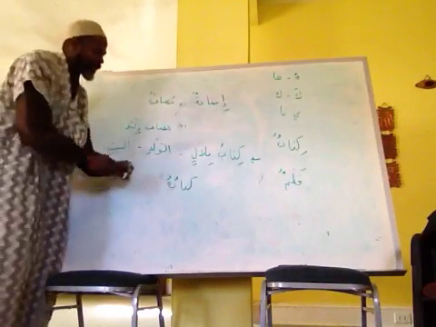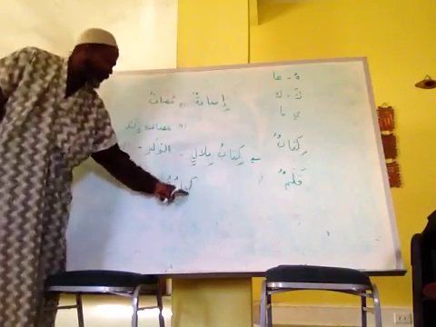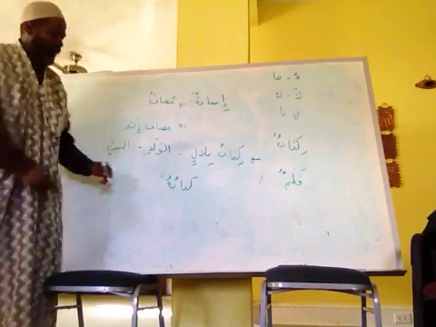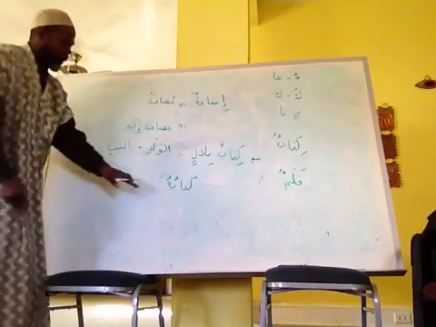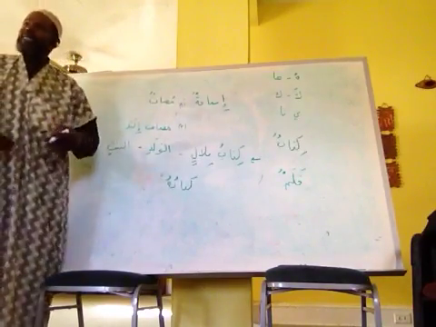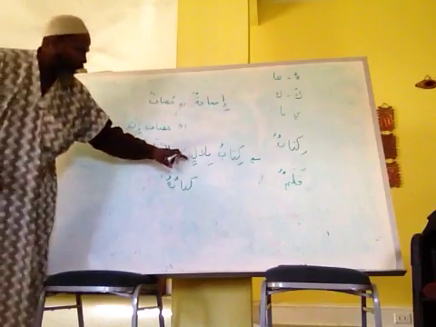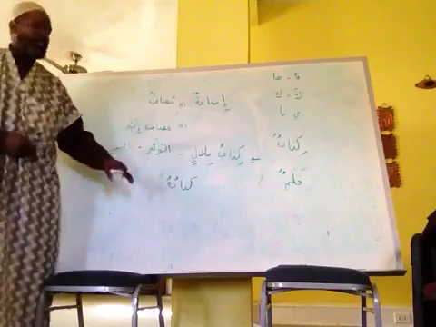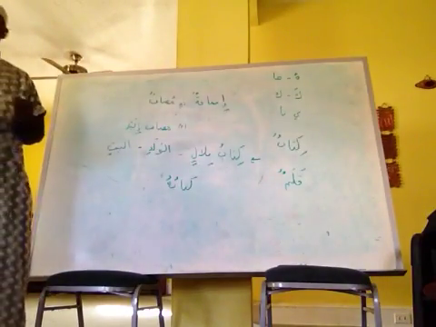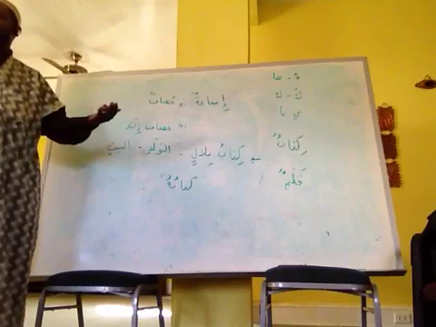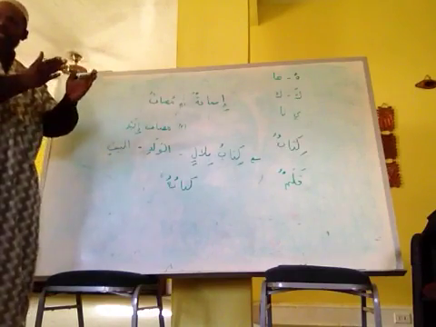So in essence, this is an idafa and this is an idafa. The difference between this idafa and this idafa is that with the pronoun, you can't see the i'rab. That's the only difference. Why? Because if we have i'rab, on the other side we have what's called bina, things that stay stationary.